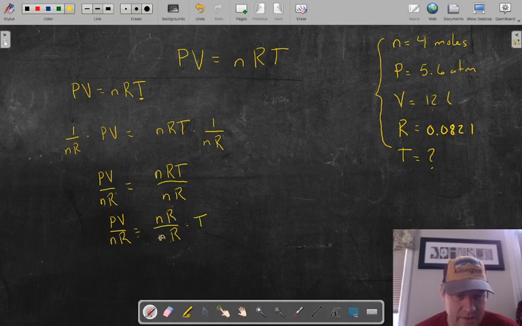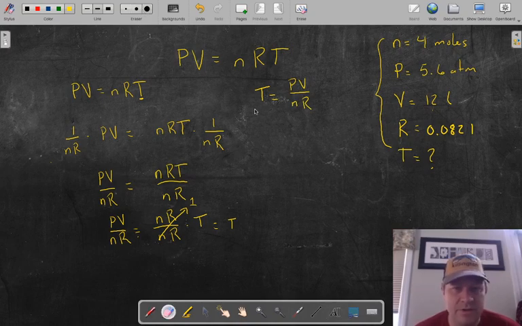Anything over itself is 1, and 1 times T is T, so this whole side equals T. Therefore I have T on one side, everything else on the other side. Let me rewrite this so it's clearer: T equals PV over nR. Great.